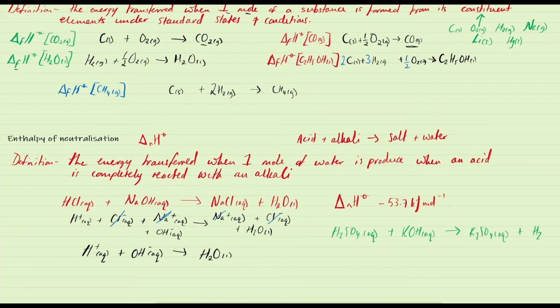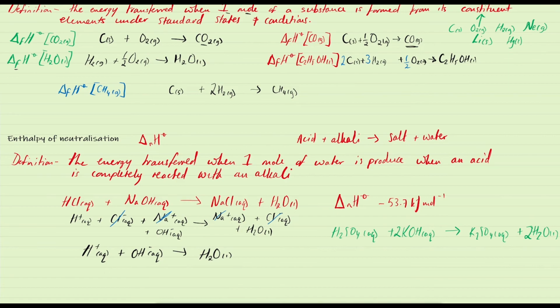We need it to be balanced, and that's liquid. Remember, I'm keeping my state symbols in there always. So in this particular case, we need to make sure it's balanced. Like I said, put 2 here, just 2 potassiums. I've got 4 hydrogens on this side. Oops, 2 here, and I've got 6 oxygens on this side and 6 oxygens, so that's now balanced.